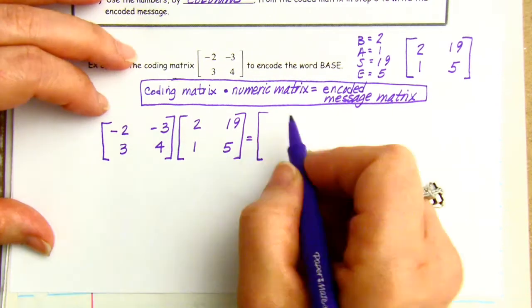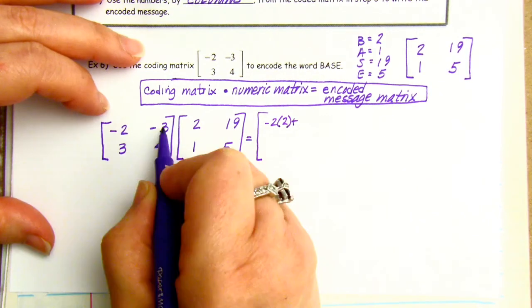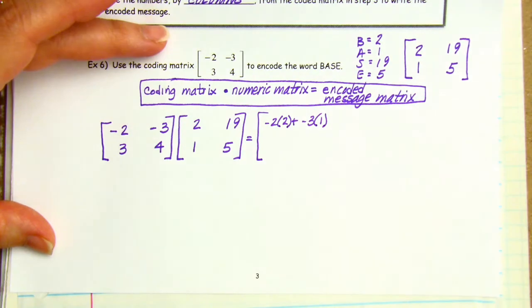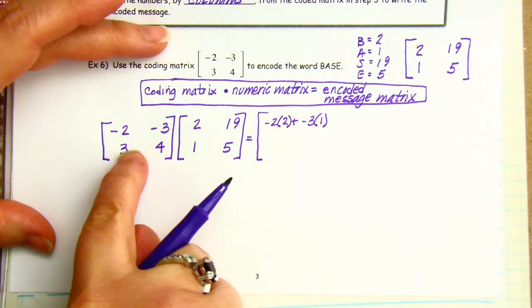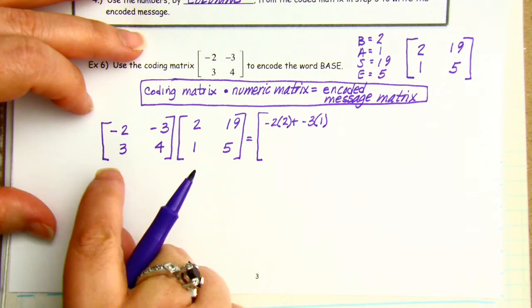-2 times 2 plus -3 times 1. 2 by 2 with a 2 by 2 is going to be a 2 by 2. It doesn't matter how we set this up.